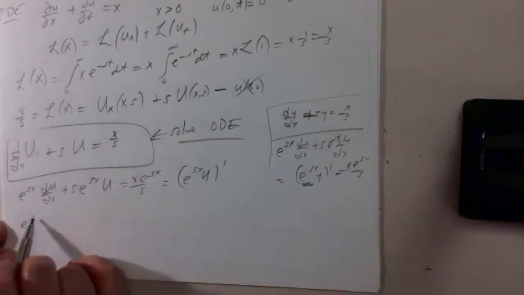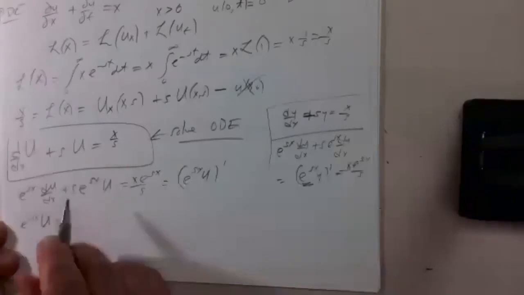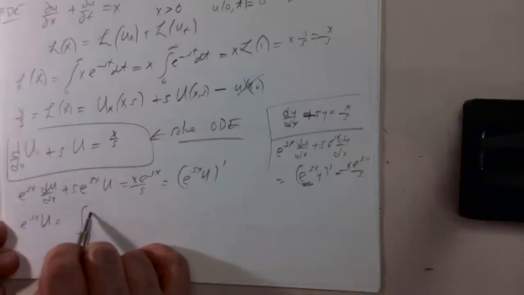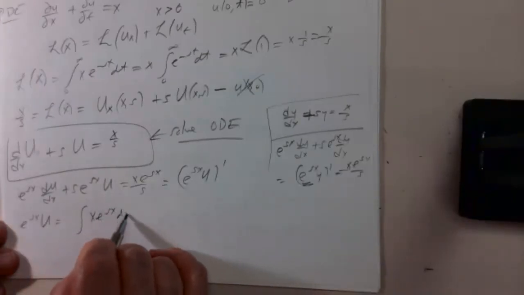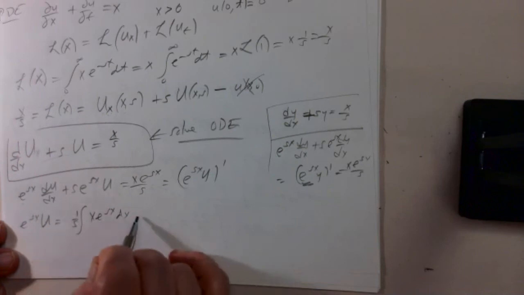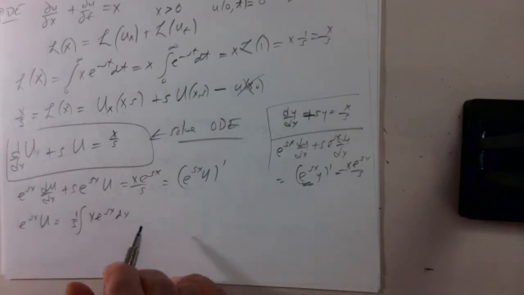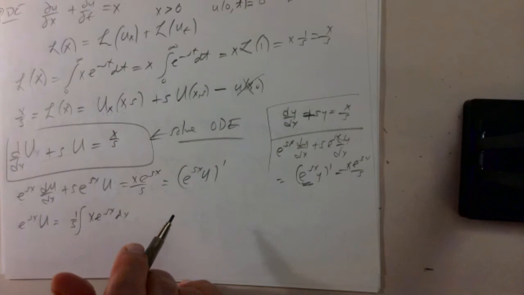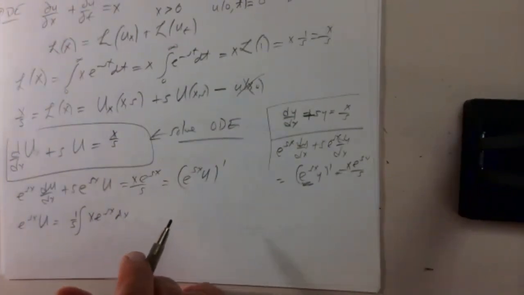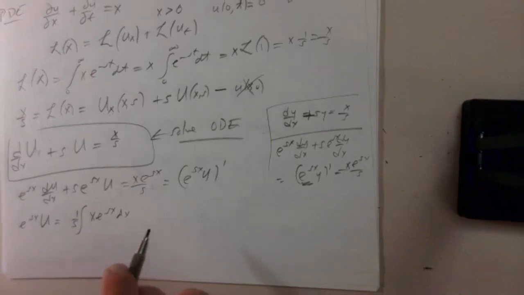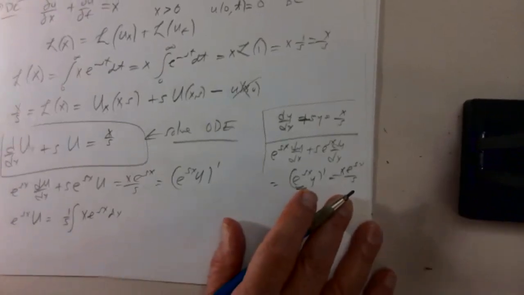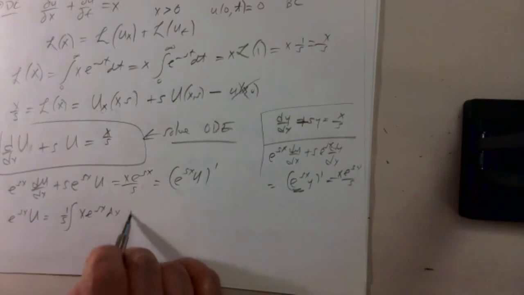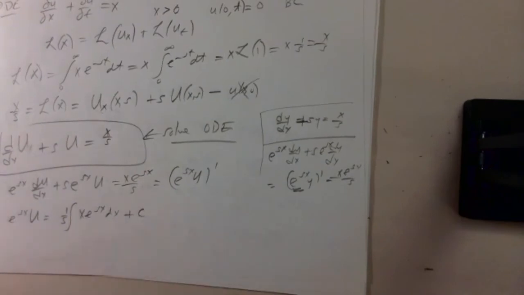So e to the sx u is the integral of x e to the sx dx over s, plus a constant. Constant means function of s.